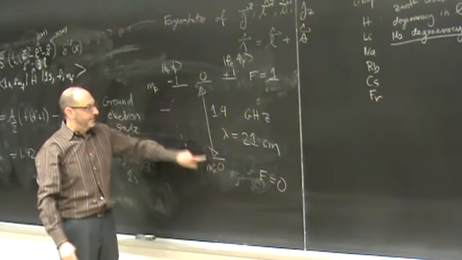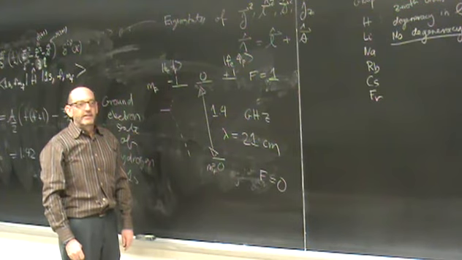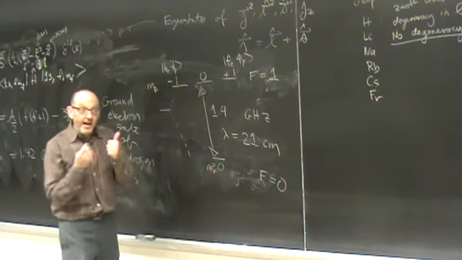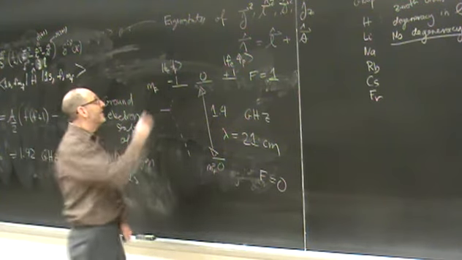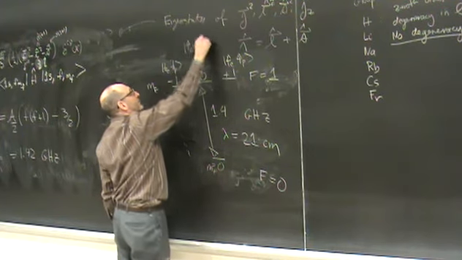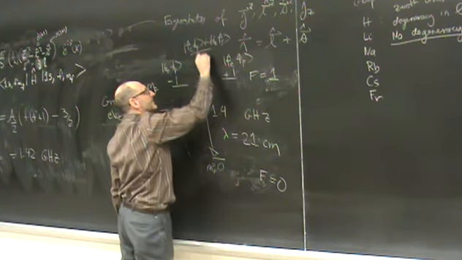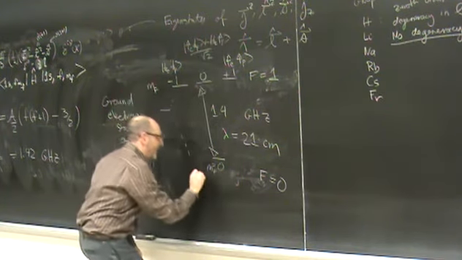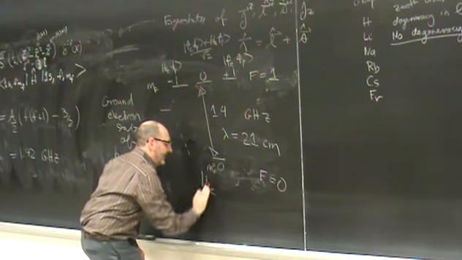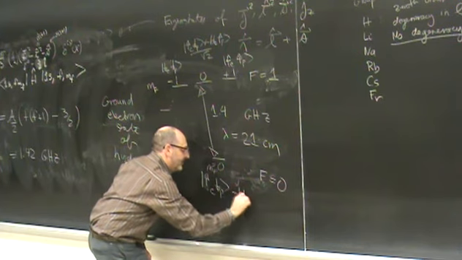What about these guys? Up electron, down proton is not a product state. This is the symmetric combination up, down, plus down, up. And this is the anti-symmetric combination, up, down, minus down, up.